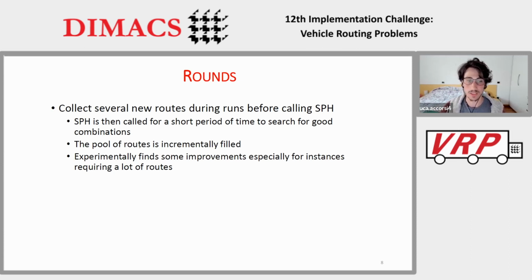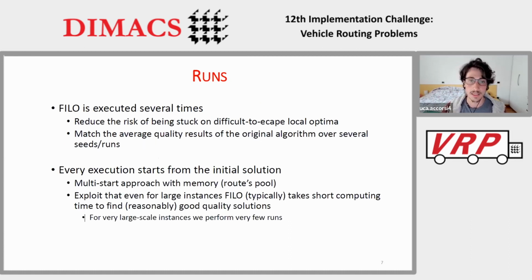We hope to improve the solution actually. We don't really have thorough statistics, but we experimentally found it to be especially effective on instances for which the solution requires a lot of routes, and I think this is reasonable.